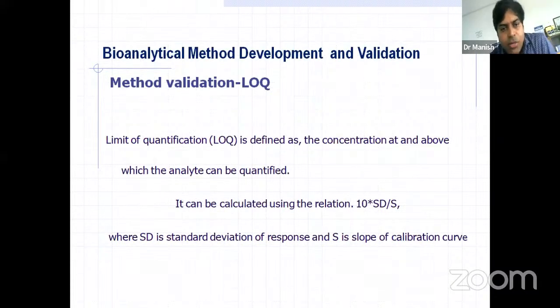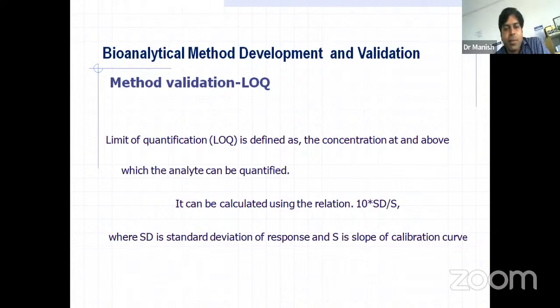LLOQ, limit of quantification, is defined as the concentration at and above which the analyte can be quantified. So this is where the instrument detects the sample concentration and immediately quantifies it. So this is the lowest level of detection, followed by quantification by the instrument.